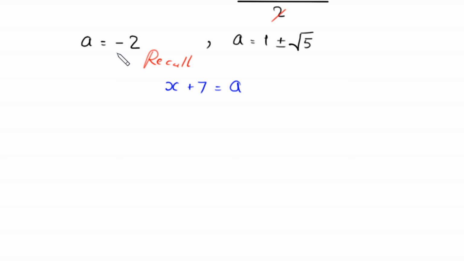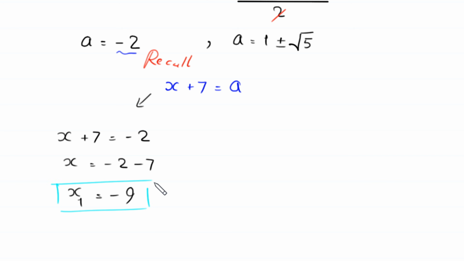So when a is equal to negative 2, then this equation will become x plus 7 is equal to negative 2, and x is equal to negative 2 minus 7, x is equal to negative 9. This is the first value of x. This is the first solution of this equation.